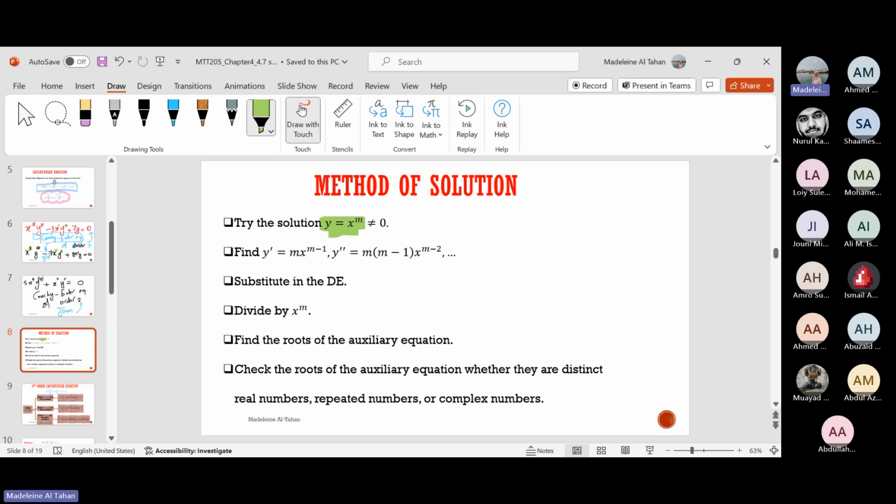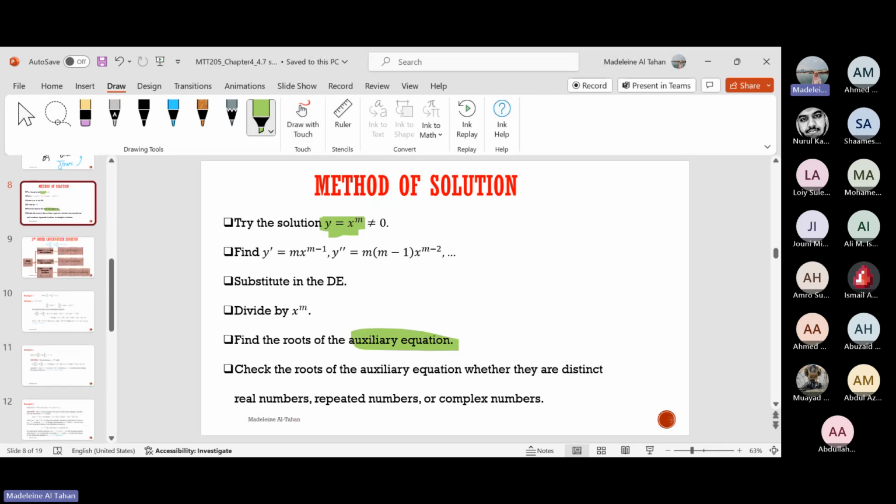After substituting and simplifying, we will divide by x power m, and we do have the right to divide by it because it's not equal to 0. We'll get an auxiliary equation. This auxiliary equation, we will find the roots of it. And then, based on the roots, we will put our answers.